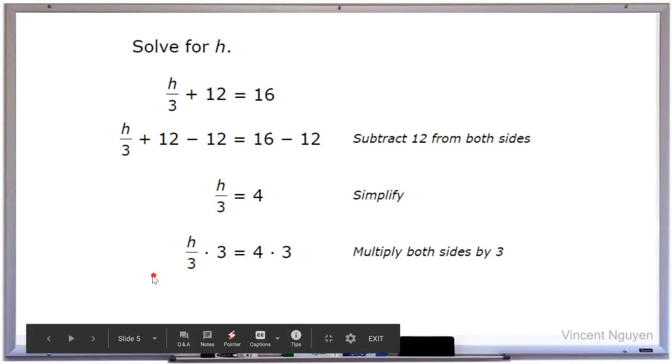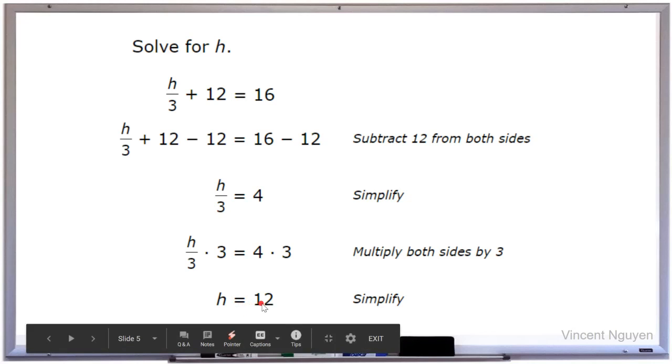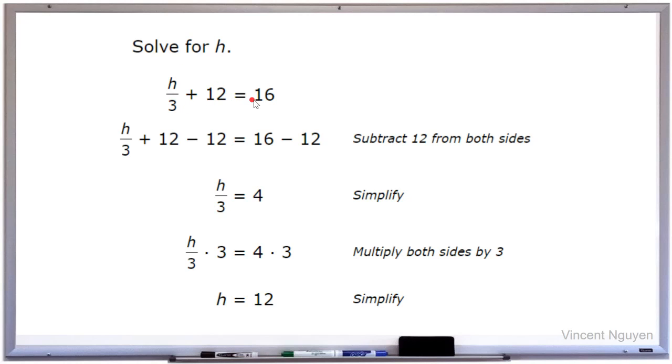So we have 1 h left. On the other side, we have 4 times 3, which is 12. And this is a solution. What this is saying is, we reversed everything and we got down to 12. So h has to be 12 in order for all of this to equal 16. That's what the solution means.